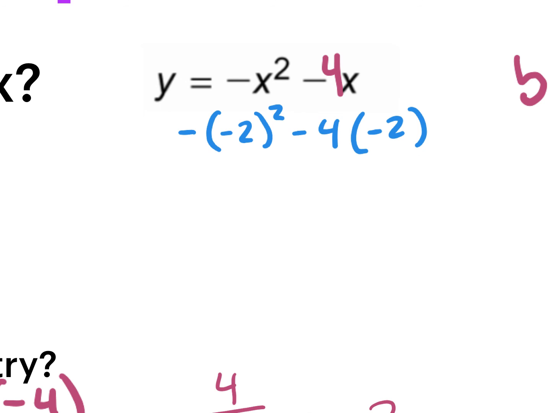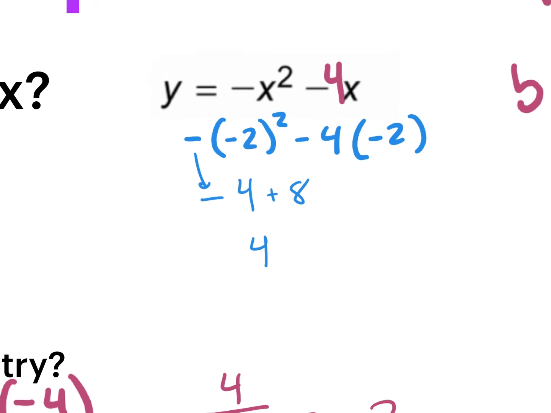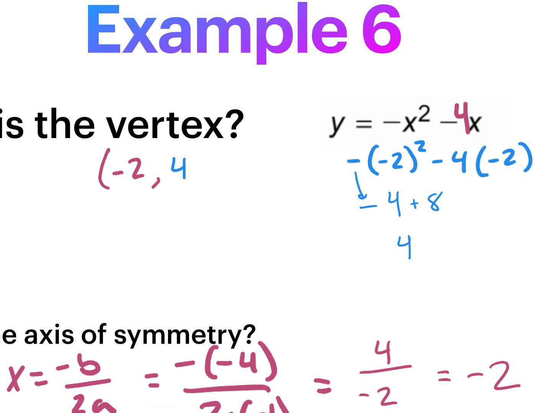Negative 2 times negative 2 would be 4. And then the negative out front makes it a negative 4. And then what's negative 4 times negative 2? Positive 8. Yes. And what's negative 4 plus 8? That's 4. So my y would be 4.